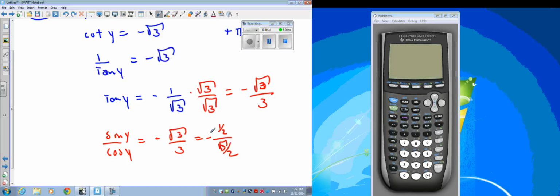Negative. So it's got to be, what did you say? It's got to be like negative pi over 3, right? So cosine needs to be square root of 3 over 2. Negative 1 half.